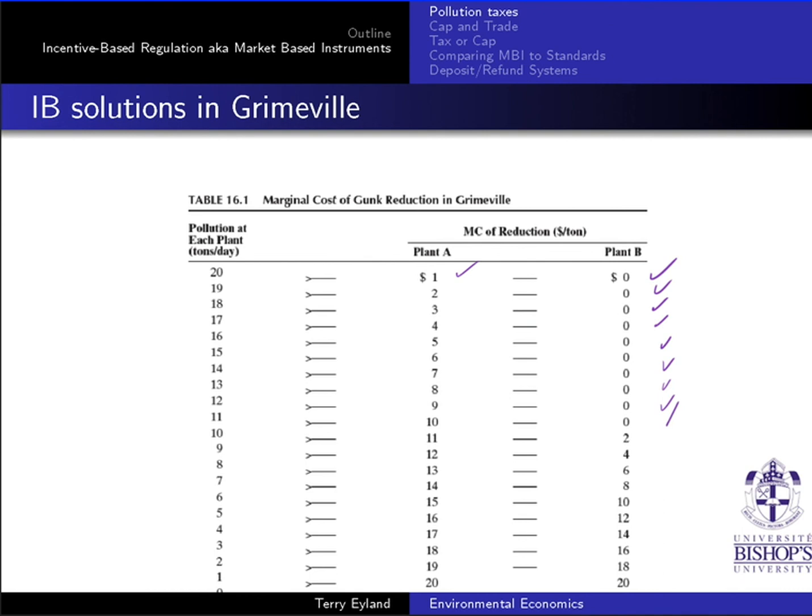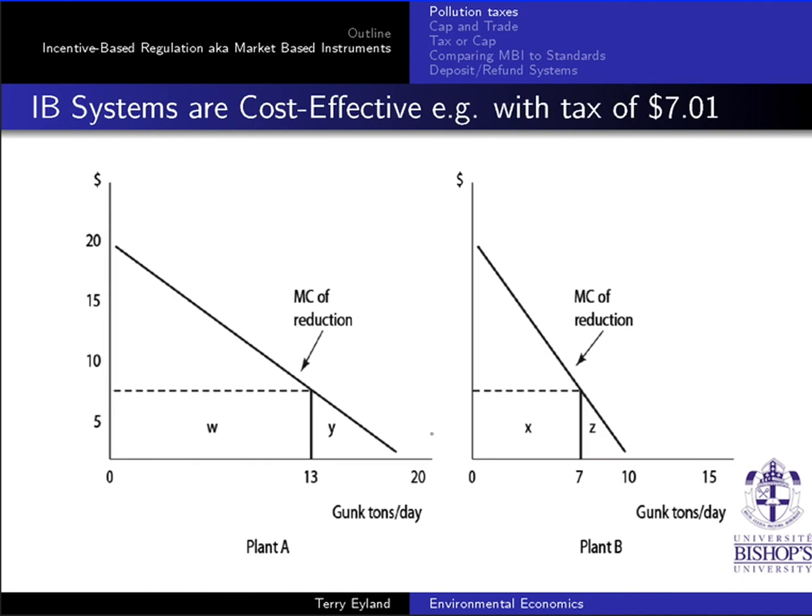Going back graphically, if I want to reduce the total amount of gunk to 20 units, it makes most sense to have this plant still produce 13 units of gunk and this one only 7 units, compared to both producing 10 units, because here we would have pretty much no cost, and over here we would have a very large cost.